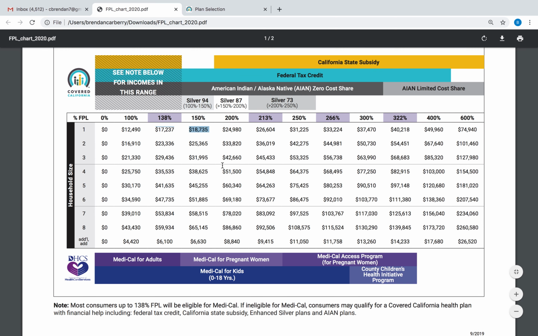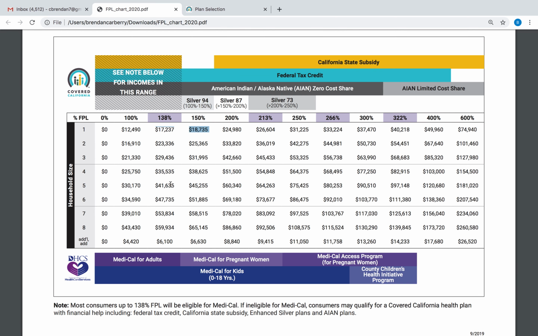Before we go, I wanted to give you one more example where you have dependents, like a family of 4, let's say a husband and wife and 2 kids, and you want to know, at what line do my dependents not get Medi-Cal? Well, it's right here.